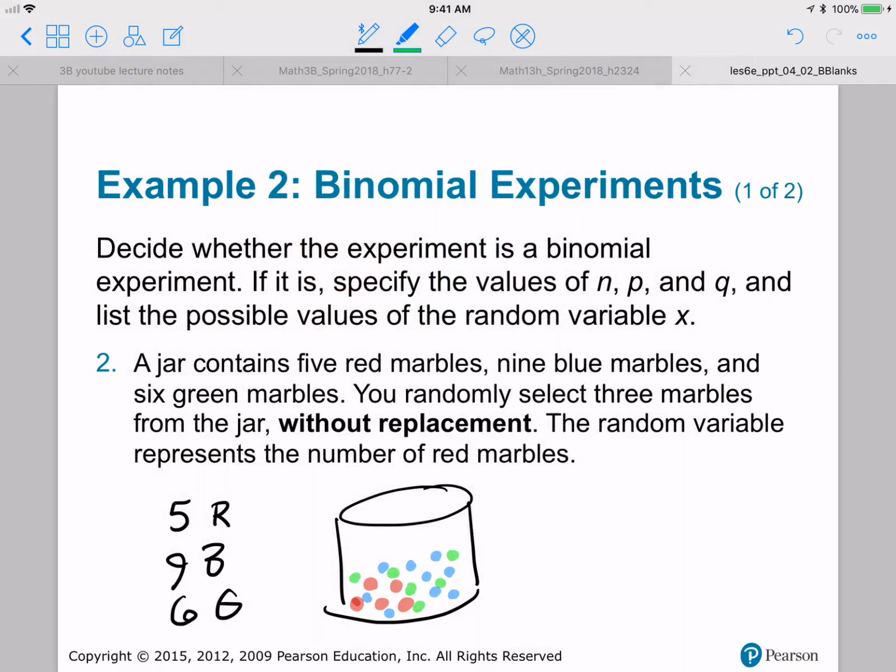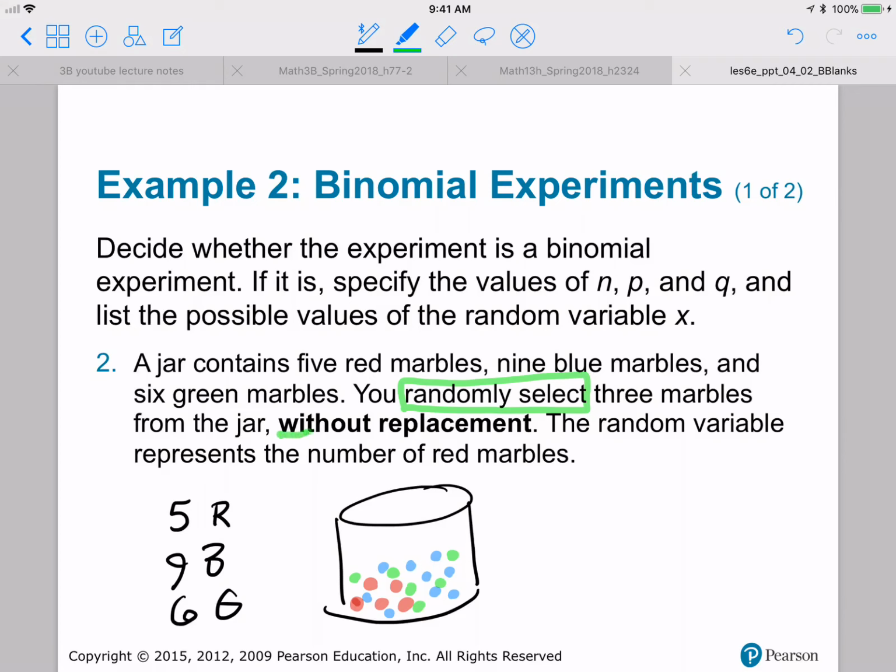So we've got these marbles, and imagine you shake the jar. Why am I saying you shake the jar? Because you randomly select 3 marbles from the jar without replacement. So you pick one. What is the trial in this case? A trial is selecting a marble. The first time, you pick a marble. It might be red, blue, or green.